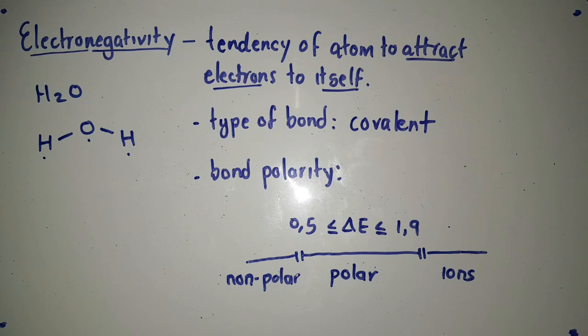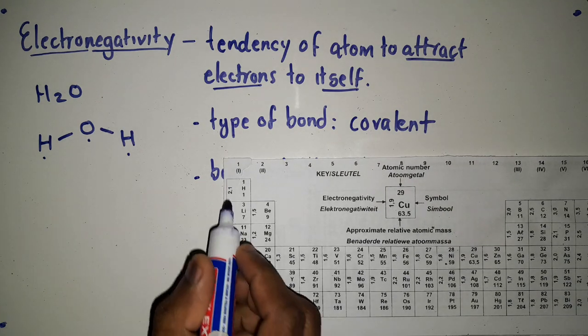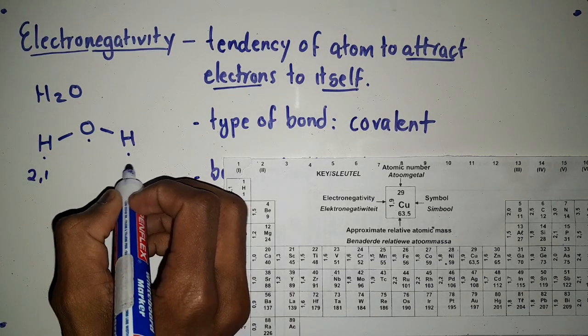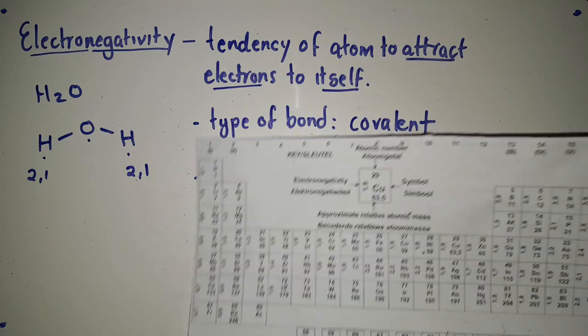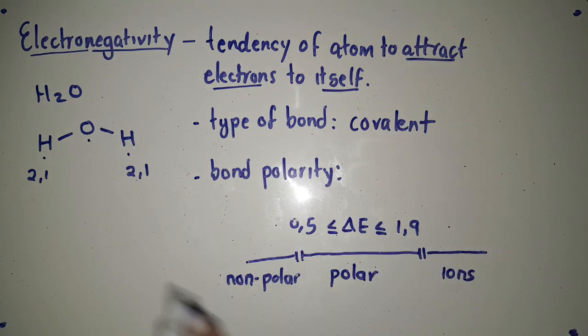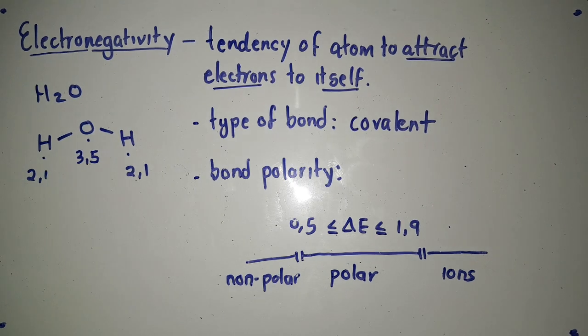For us to determine the bond polarity, we just need to go to our periodic table and determine the electronegativity of each. For hydrogen it's going to be 2.1, same for this one 2.1. Then for oxygen we get a value of 3.5.